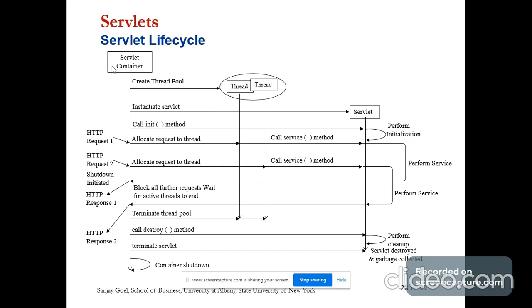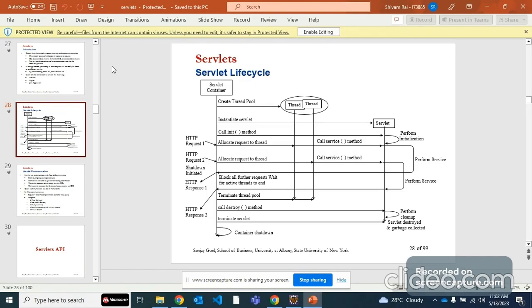After it performs all its functions, it is time to terminate. For terminating, we call the destroy method, and by calling the destroy method, the servlet will terminate automatically. In this way, the servlet works in a web application.